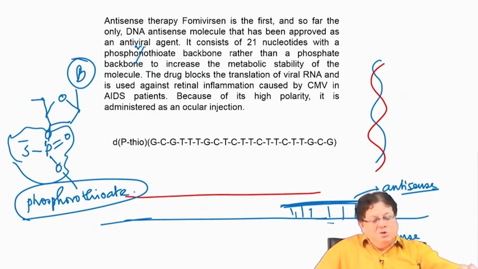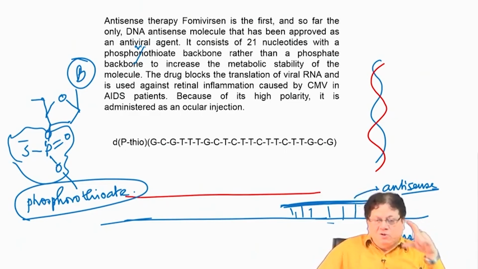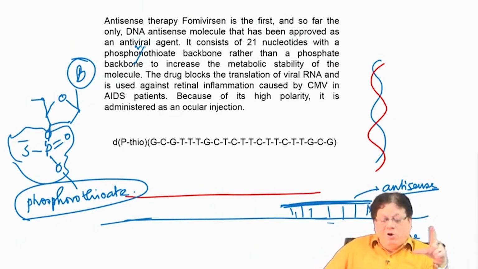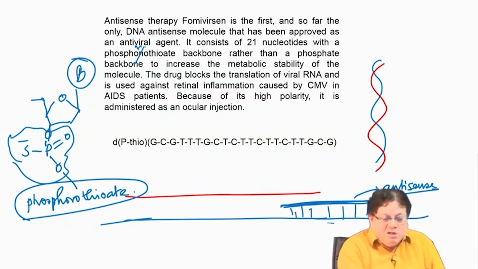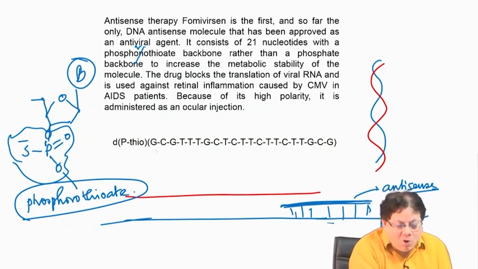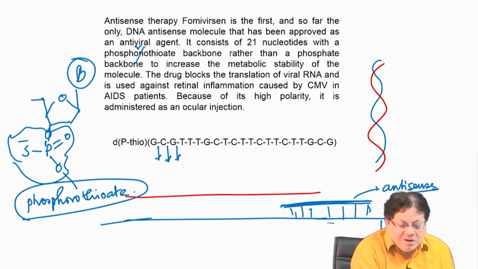Okay. So, these are called antisense with stable phosphorothioate linkage. That linkage has to be there in order to bypass the action of the ribonuclease, which is going to hydrolyze all these things. So, all these linkages are basically phosphorothioate, and this is the drug.